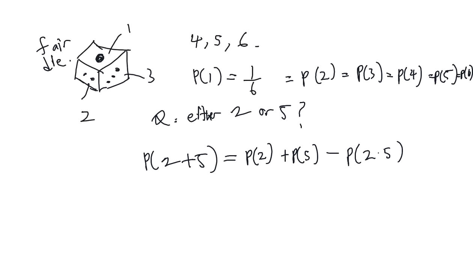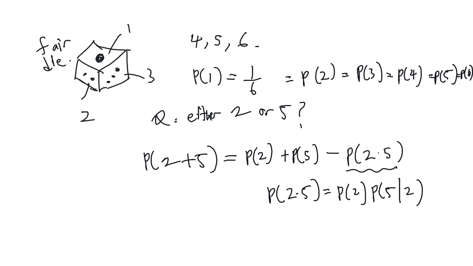Okay, so the concern here is what is probability of 2 and 5. So that is probability of 2 times the probability of 5 given 2, right?